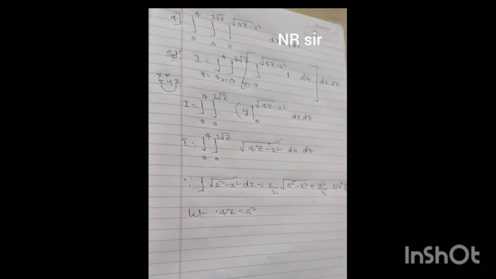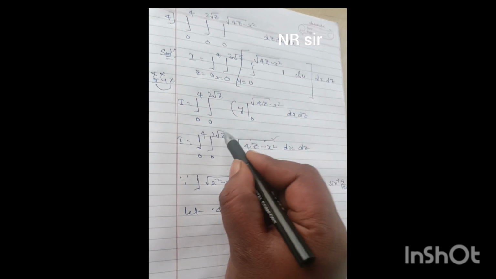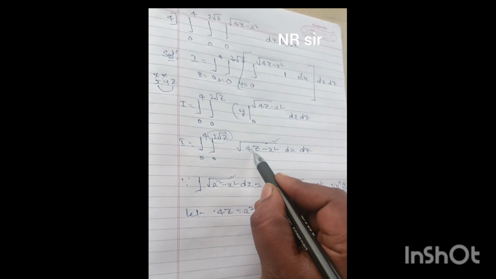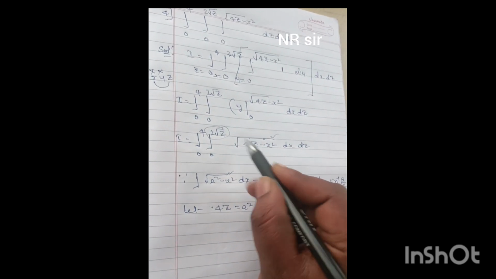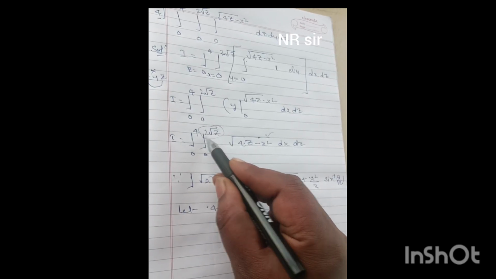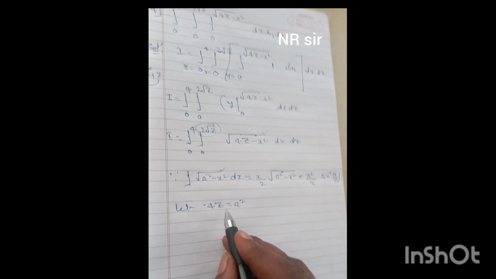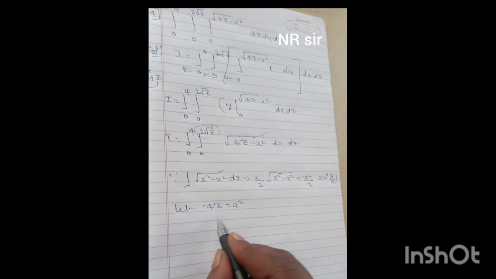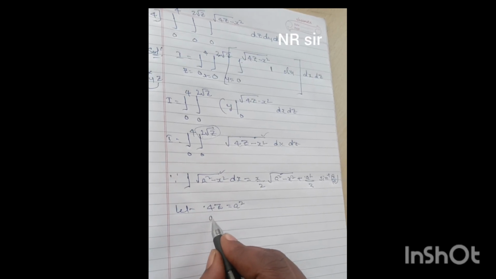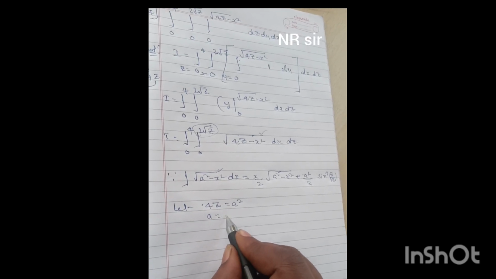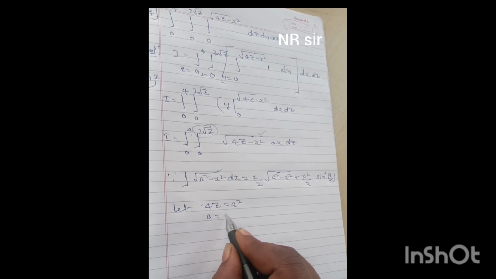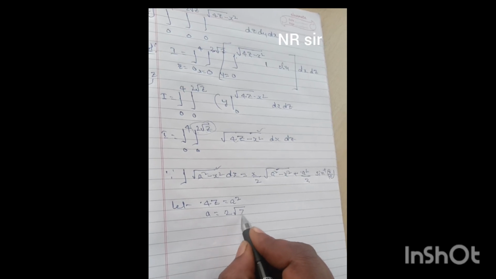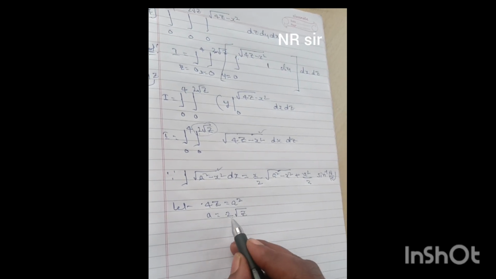In this you can observe we have to change the limit also. Since we are taking 4z equal to a square, 2 root z also changes here. So a is equal to 2 root z, a is equal to root z.